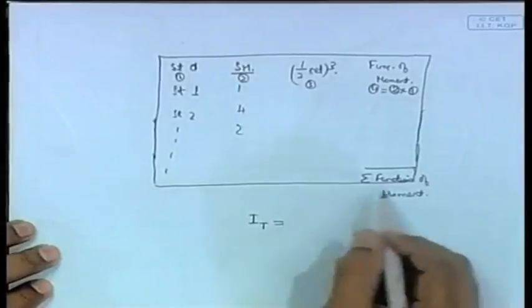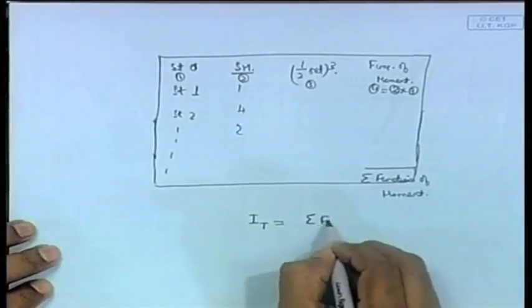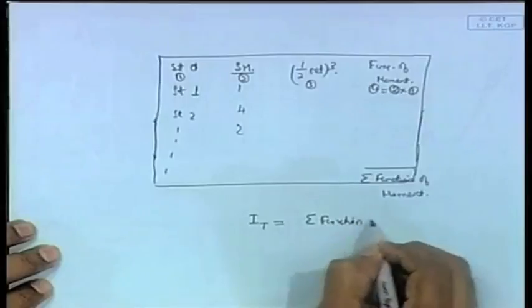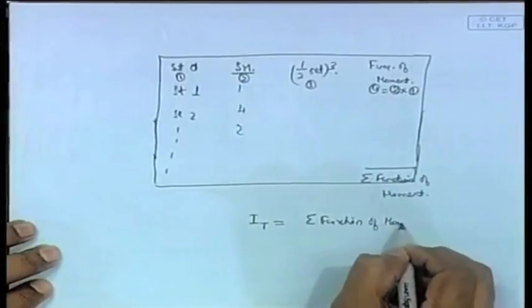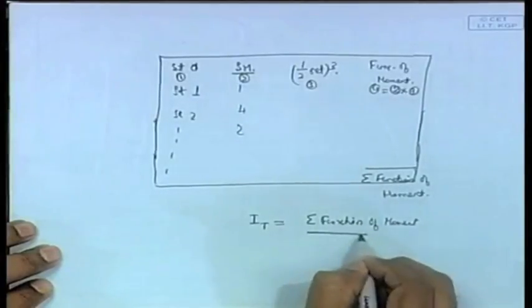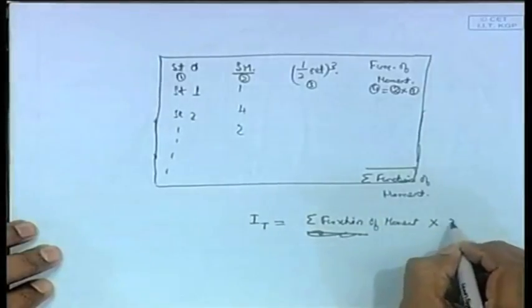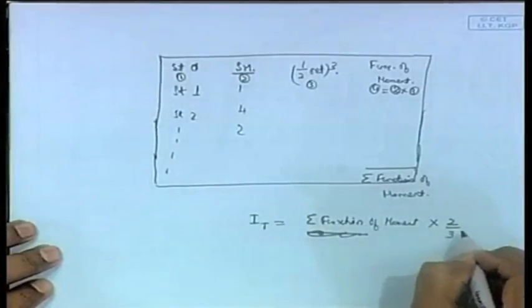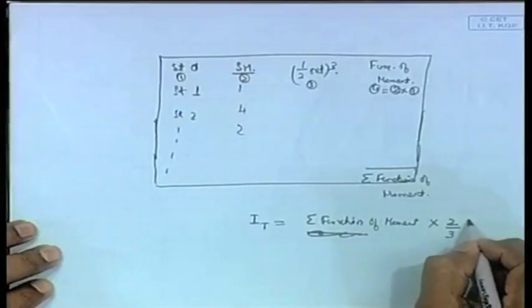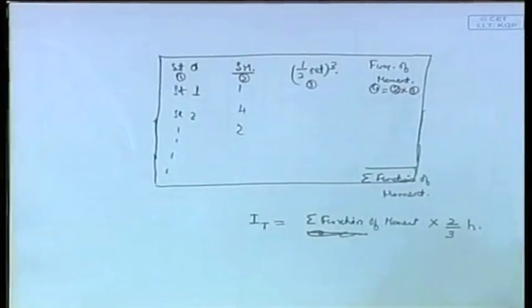So I t is equal to this sigma function of moment, as I defined there, multiplied by 2 by 3 into h. You can derive this, but you have to remember at least this final expression.